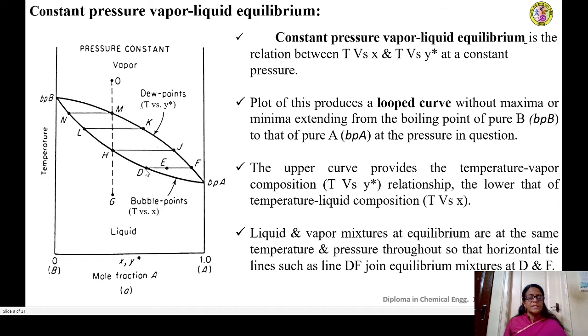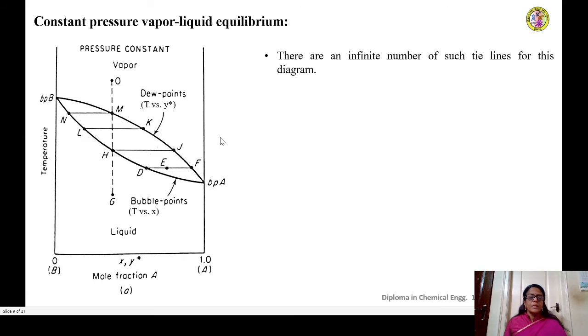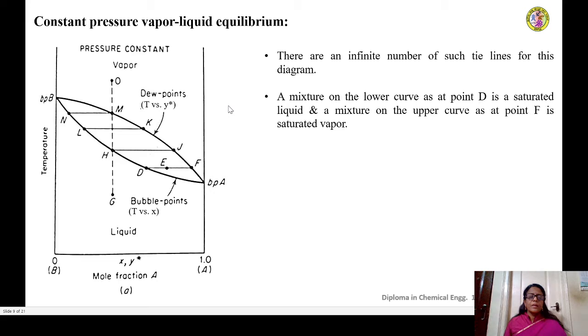Only a few tie lines have been shown here, like the lines DF, HJ, LK and NM. All these are tie lines. The horizontal lines that are parallel to the x-axis join equilibrium vapor and liquid mixtures between the two curves as shown in the diagram. There are an infinite number of such tie lines in the given diagram.